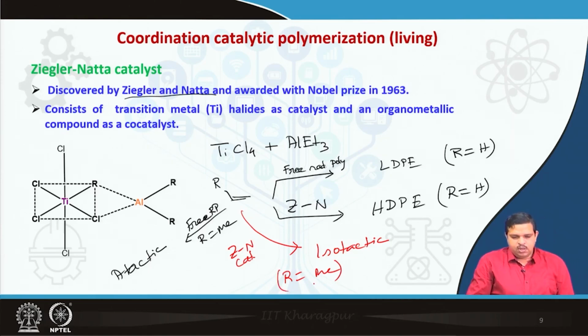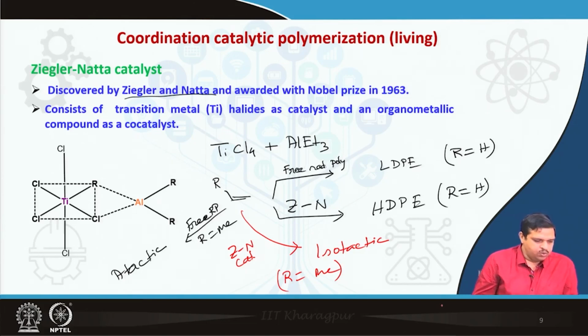So, you will see how different polymerization conditions govern the polymerization mechanism, and you are getting the same composition of polymer, but different chemical structure. So, we will try to understand why.